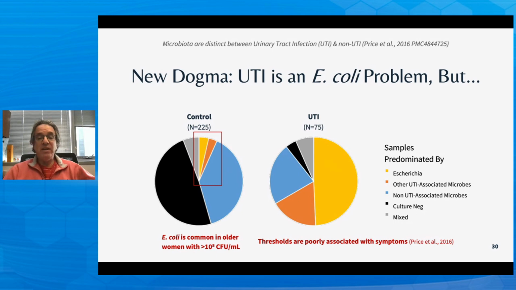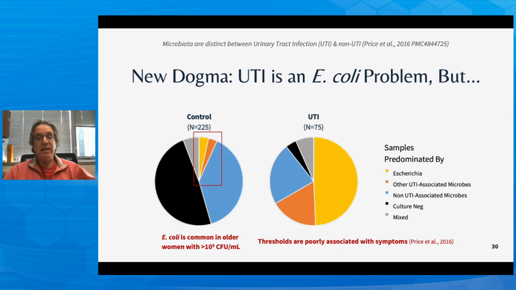What Travis found in an earlier study is that thresholds are poorly associated with symptoms. If you see 10 to the 5 colony-forming units of E. coli, it does not mean that someone will have symptoms. And that was true for other species as well.